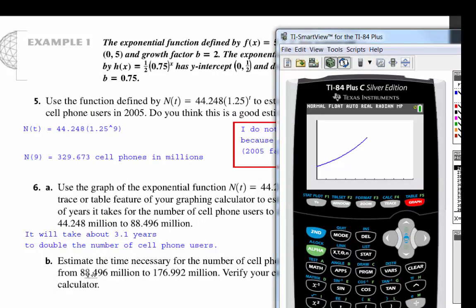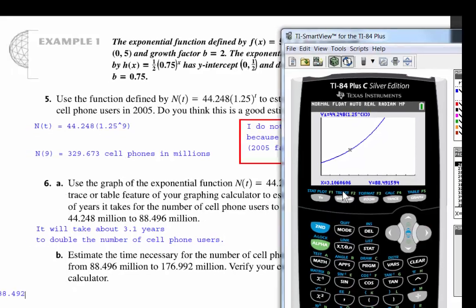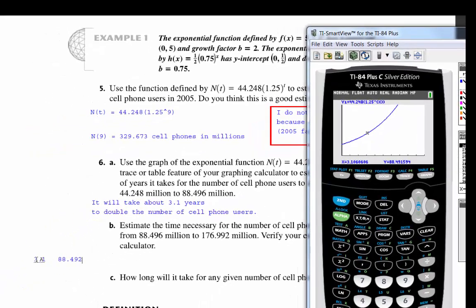And again, we want to know how long does it take to go from 88 to 176. So if I press the trace key, I can move my arrow down to make this y equal to 88.49, or get very close to it. 88, there we go. So on the side here, I've recorded, when x is 3.1, y is 88.492.